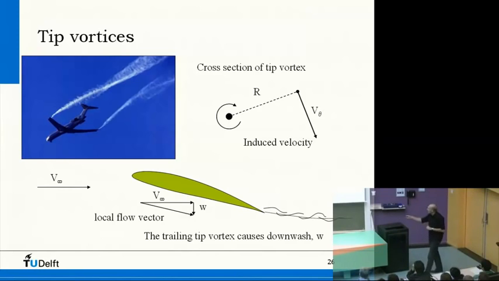So if you look at the velocity far upstream, then the direction of the velocity is like this. But at the wing itself, because these vortices that come from the tips induce a velocity field going down, we have a different velocity here. In fact, a different velocity vector. So also a different angle of attack.